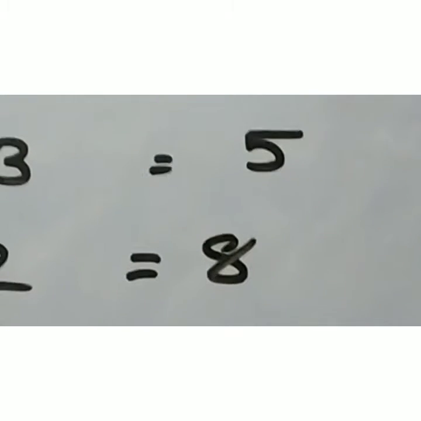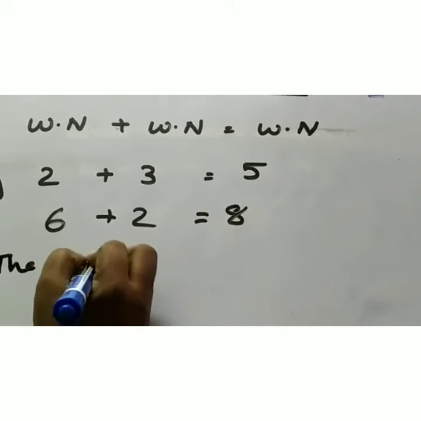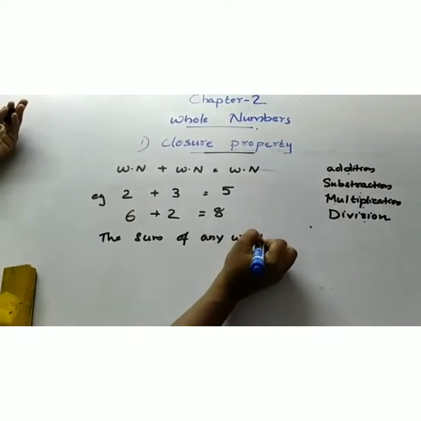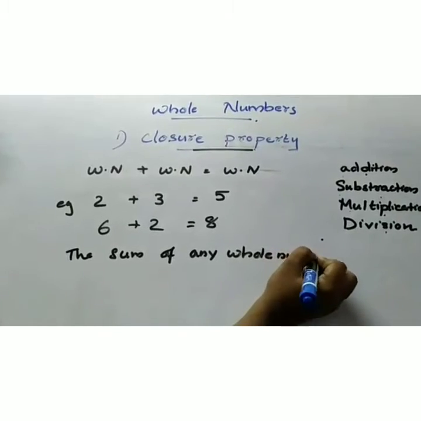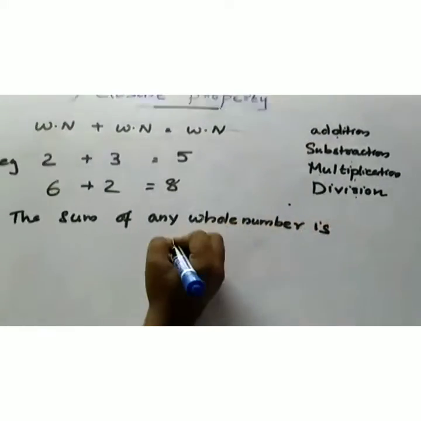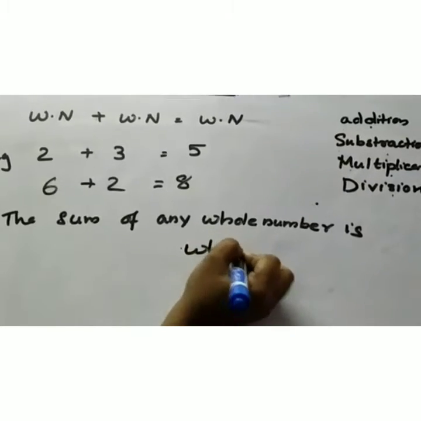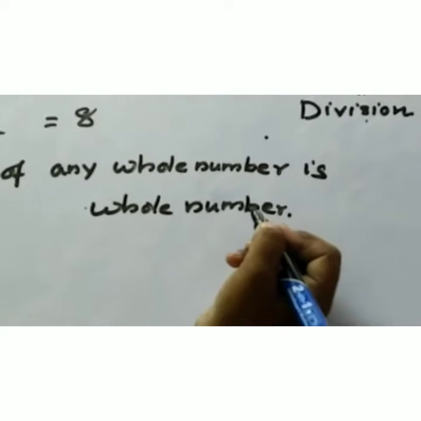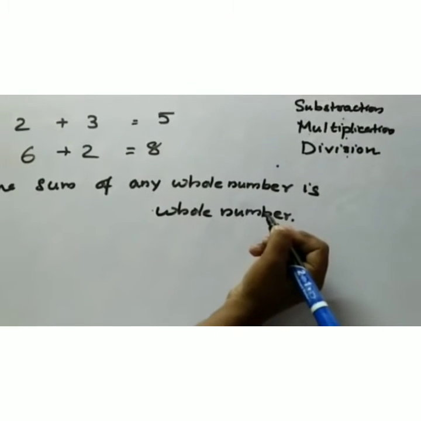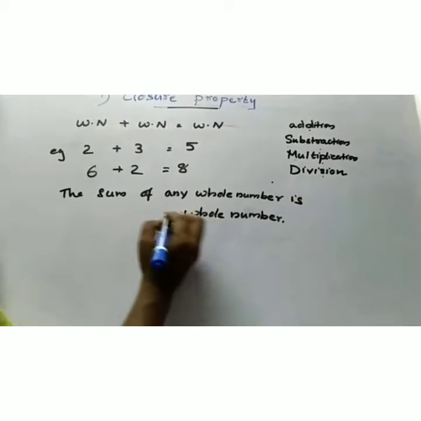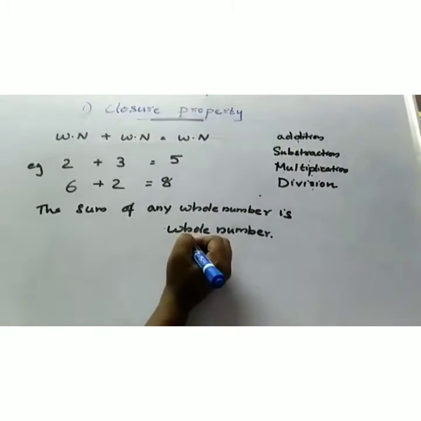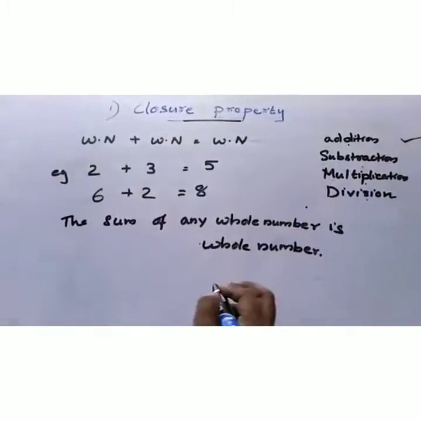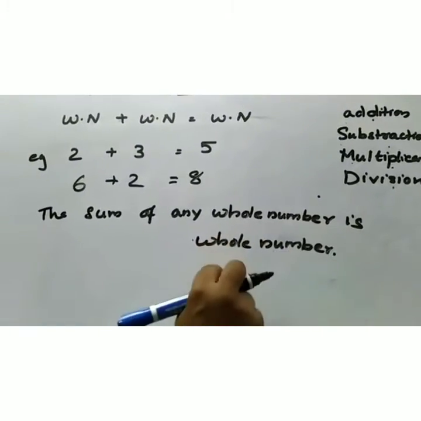We can say that the sum of any two whole numbers is a whole number. That means we say that the whole numbers are closed under addition. The closure property is followed by addition. The sum of two whole numbers is a whole number.